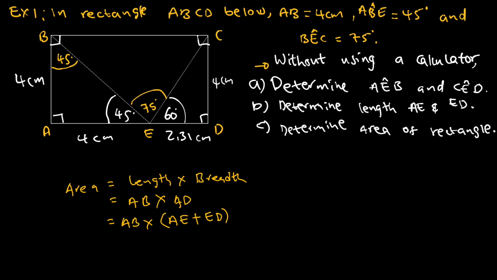So this is what I mean: AD is AE plus ED. Now I'm going to substitute the actual values.